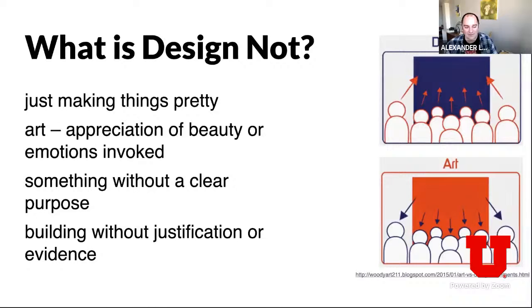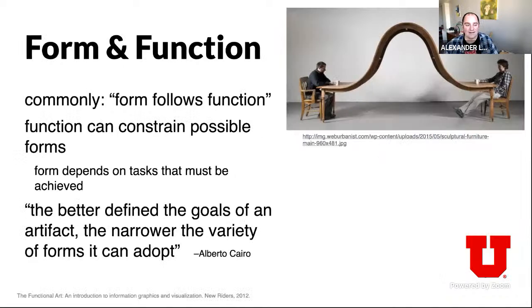It's also not something without a clear purpose, right? When we design something, we have a clear purpose. It's also not building without justification or evidence. So in contrast, design is about making justified choices and trying to collect evidence that these choices are good. And you've heard about form follows function before, I'm sure.